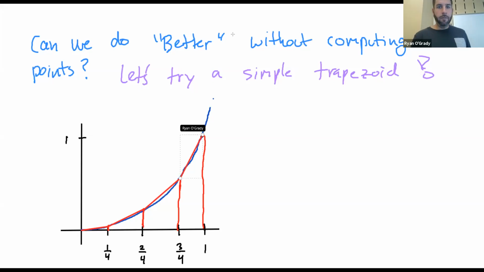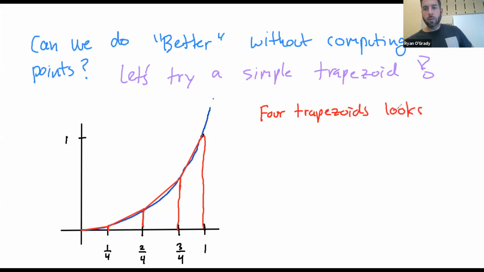And now I have 4 trapezoids. And this looks, quote unquote, better than a bunch of rectangles.